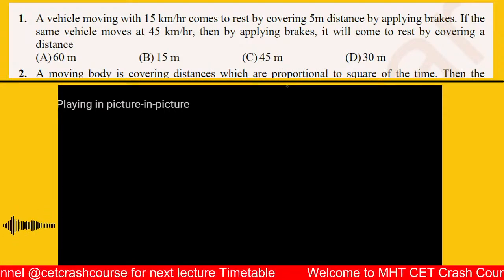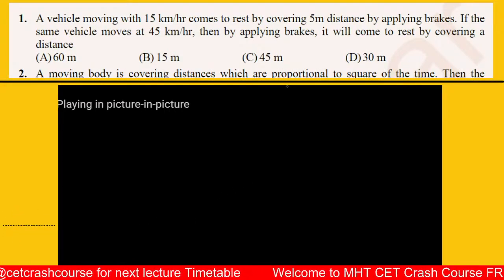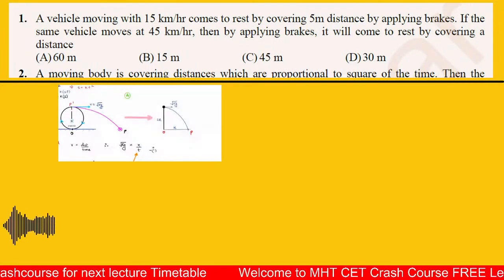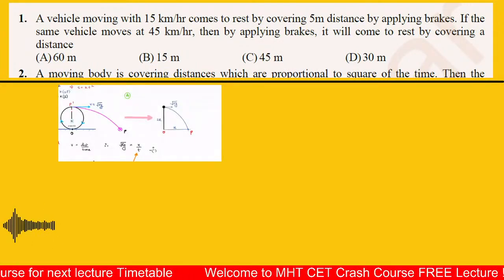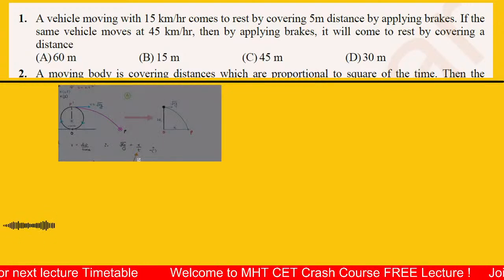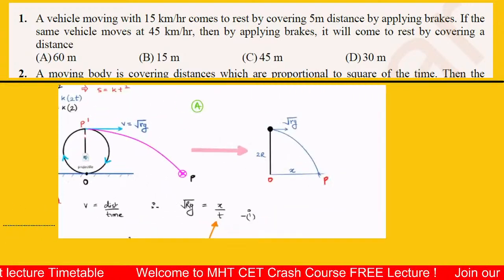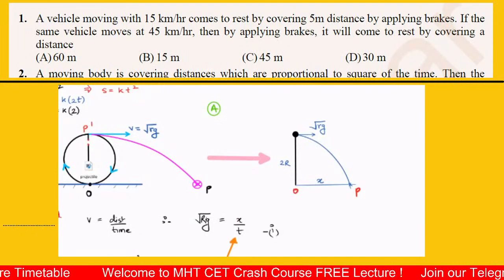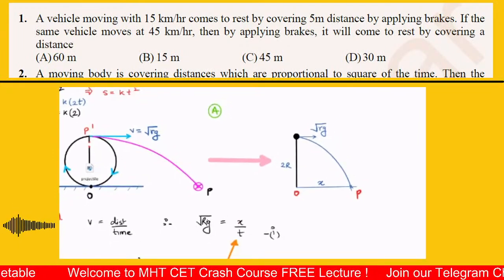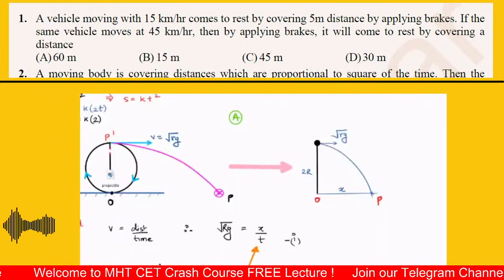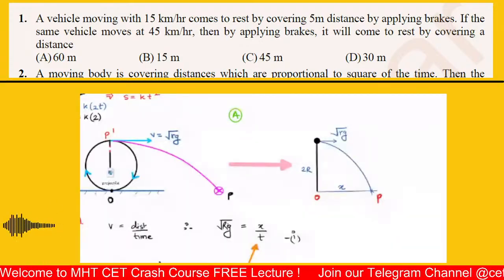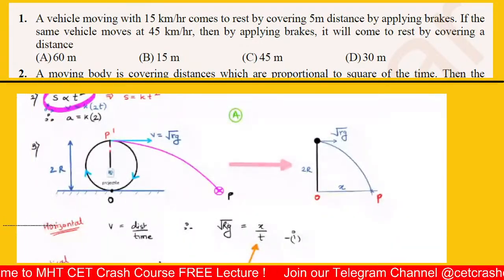Right. Let us move on to second question. A moving body is covering distances which are proportional to square of the time. Then acceleration of the body is. So here it is saying that s is proportional to t square.